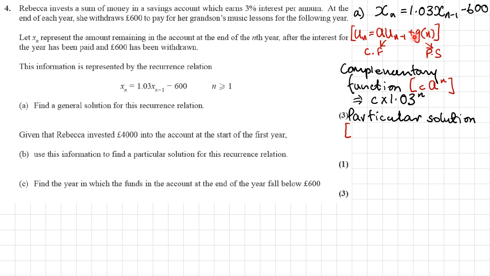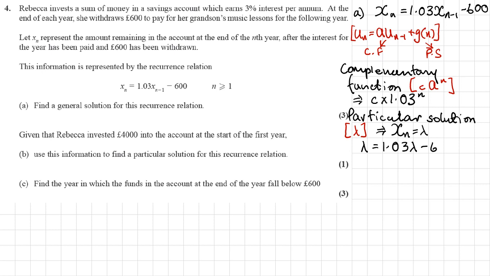The form of g(n) is just a constant, so we're looking to try lambda for this. So Xn is equal to lambda. Now we want to calculate lambda, so we're going to substitute it into the recurrence relation. We'll have lambda is equal to 1.03 lambda minus 600.